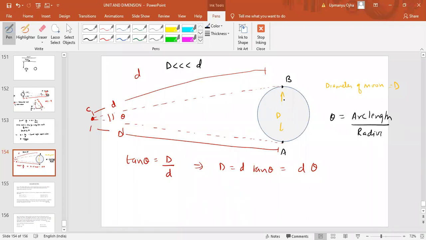Arc length is D, which is the diameter of the moon. And what is the radius? Radius here is small d. So can we use this concept also for the parallax method? Yes or no? Theta should be equal to arc length by radius. So what is the arc length? Capital D, and the radius is small d. Okay, fine.